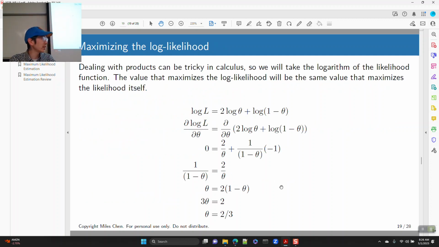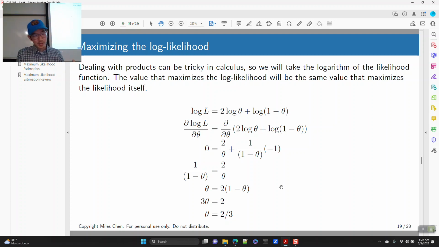So one thing we often do is take the logarithm of the likelihood function. The reason is that a likelihood function is frequently the product of a bunch of probabilities, because when you have a sequence of independent events, the total probability of that outcome is a product.